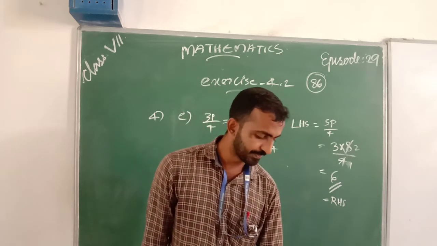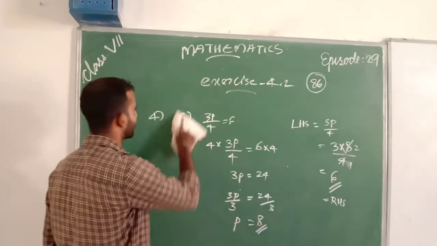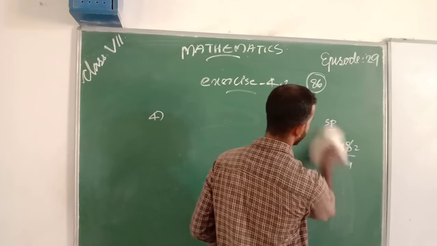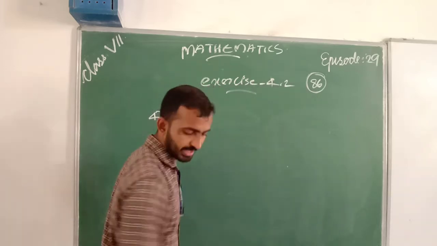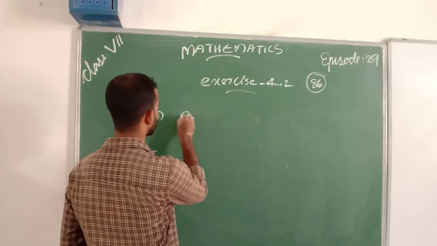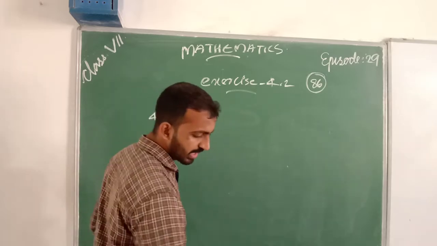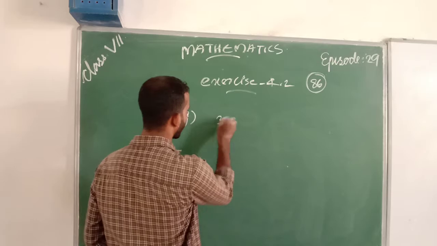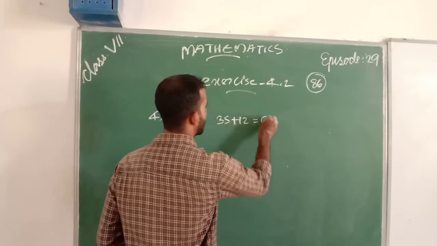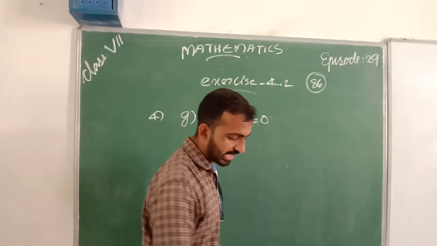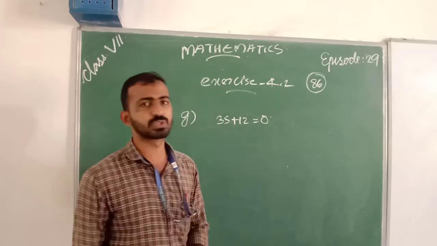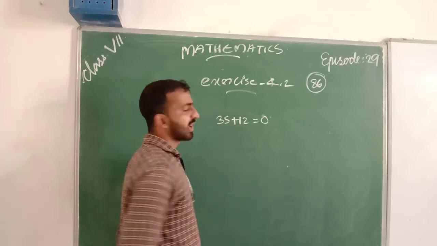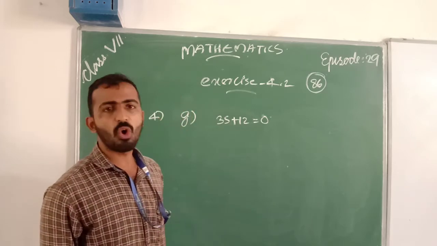next is G. G question is 3s plus 12 equal to 0. Here, first we subtract 12 on both sides.